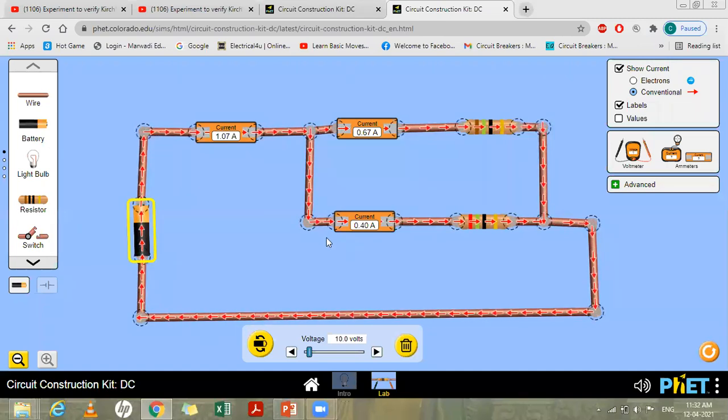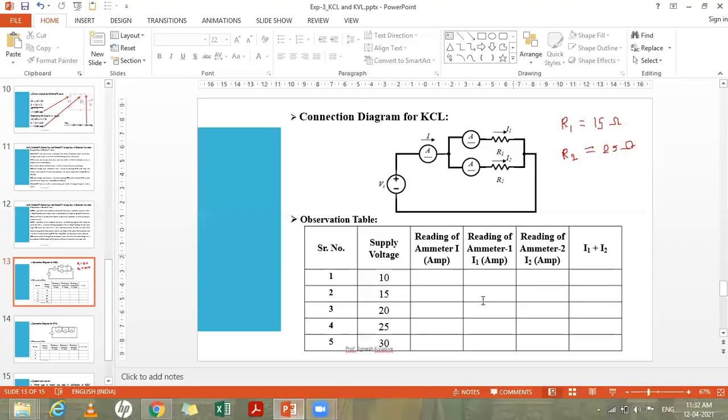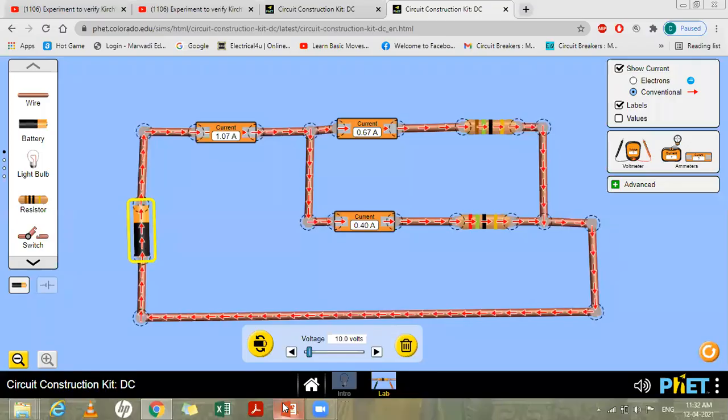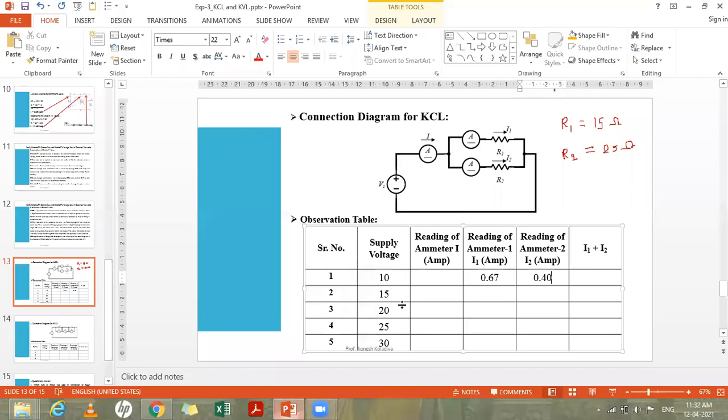So 0.67 is I1 and 0.40 is I2, and total current capital I is 1.07.